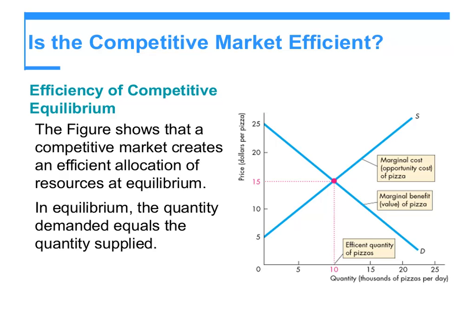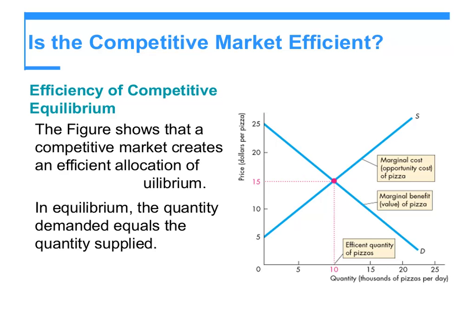So at this point, where 15 is the price and 10,000 pizzas, the marginal cost, the opportunity cost of a pizza, and the marginal benefit, the value of a pizza, are the same. At this point that marginal benefit and marginal cost are the same, we call it the most efficient.